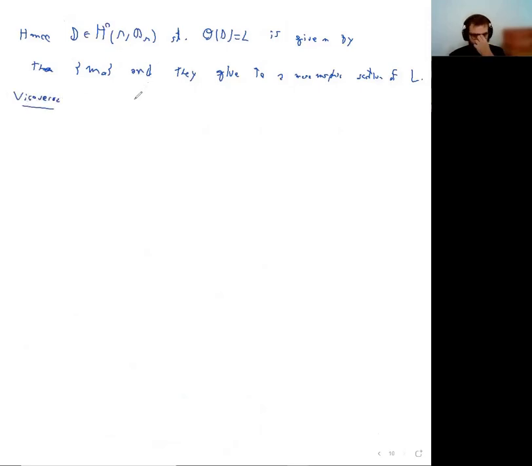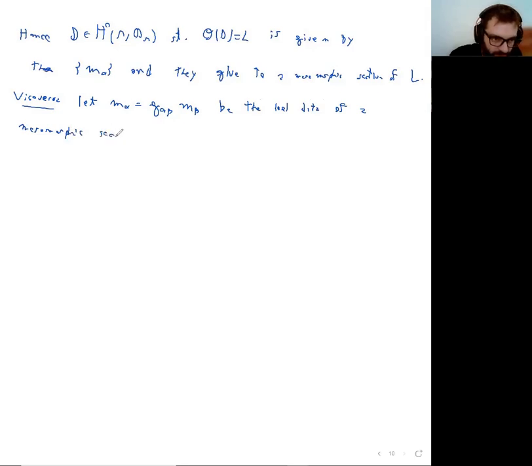We need to show that if you do have such a meromorphic section, then you are represented by a divisor. So let's say we have this data of a meromorphic section of L. And we take the Cartier divisor defined by these local sections.